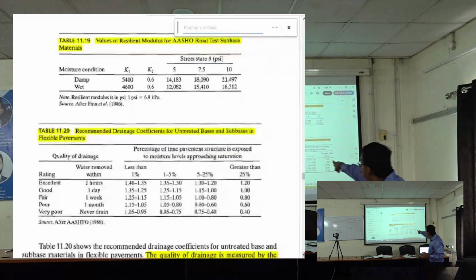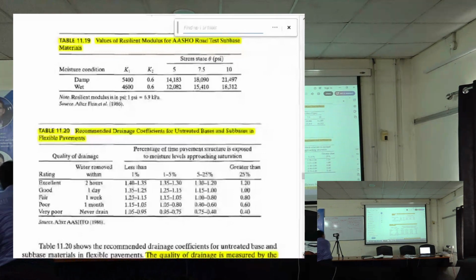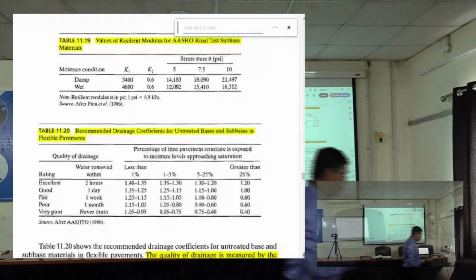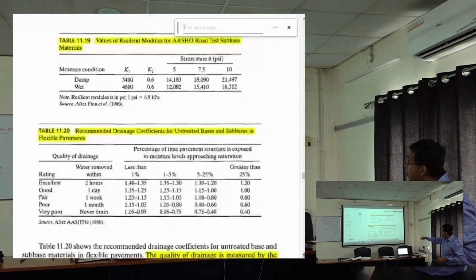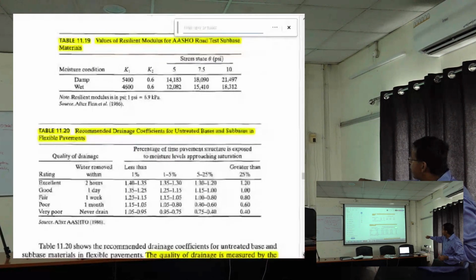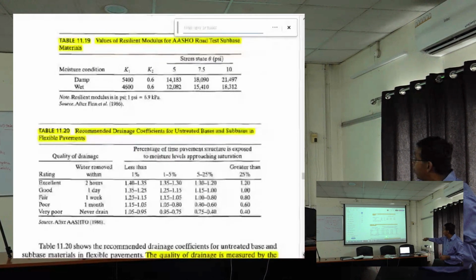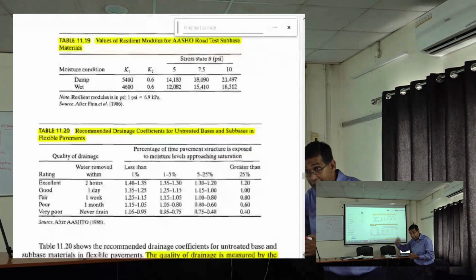So right here, 11.20, I found the table, right? If you look at m values, excellent drainage means water removed within 2 hours, and the percentage of time exposed to saturation is less than 1%, your m value is 1.4 to 1.35. So you are really making the pavement very strong, 35 to 40% stronger, right?